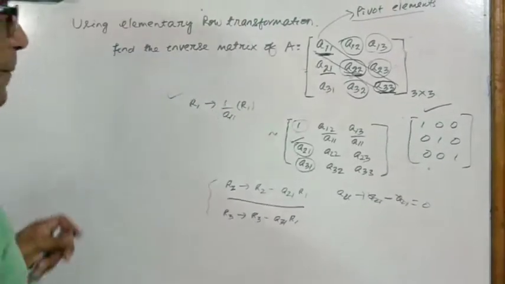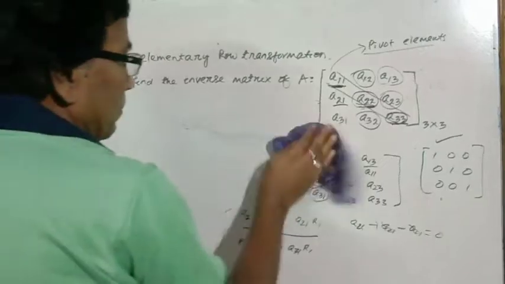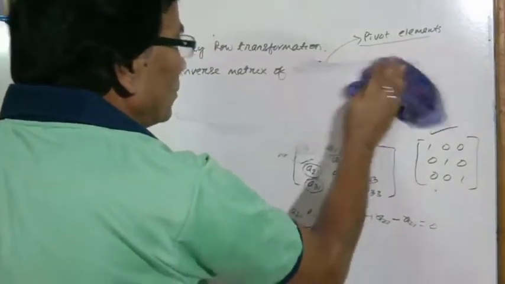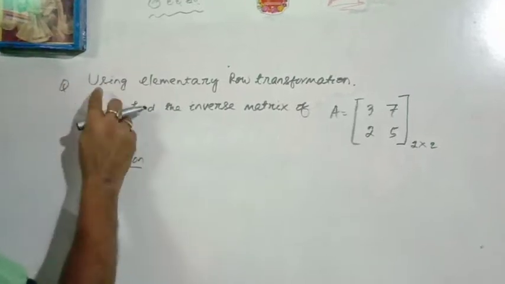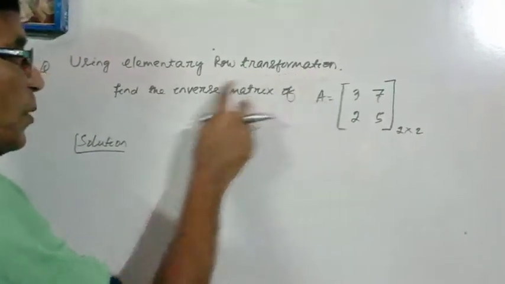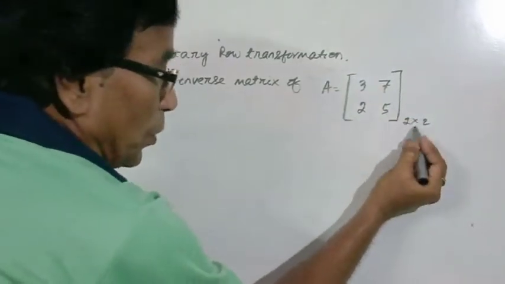Now suppose, for example, a question is given: using elementary row transformation, find the inverse matrix of A of order 2 cross 2.